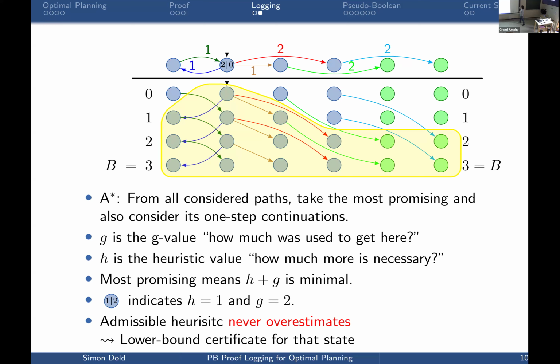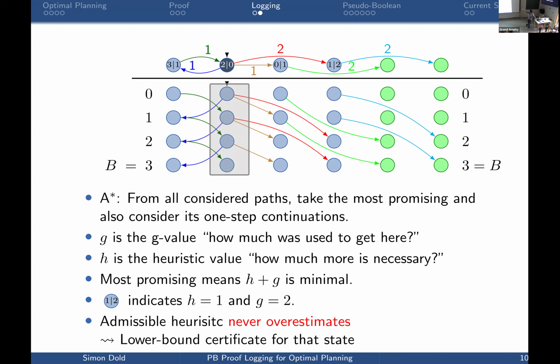And it looks a bit different to the picture before, because earlier we set a lower bound of 3, and now we're looking at the 2, so more goal states are allowed in this set, in this invariant. Okay, and now this is our only considered path so far, so by definition it's the most promising one, and we look at its one-step continuations.